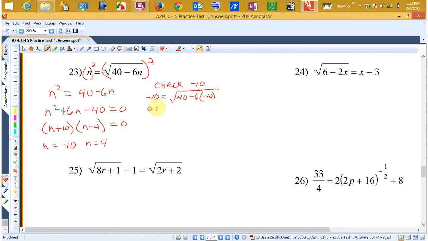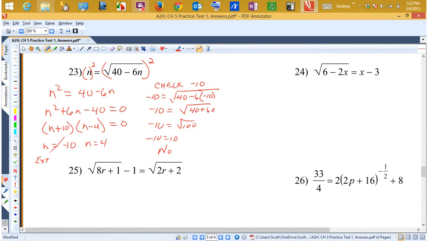So I have negative 10 is equal to the square root of 40 plus 60. Negative 10 is equal to the square root of 100. Negative 10 is equal to 10. No, that's not true. Basically, when I saw the square root all alone on one side and a negative number on this side, I knew right then that it wasn't going to be a good solution. So this is extraneous.